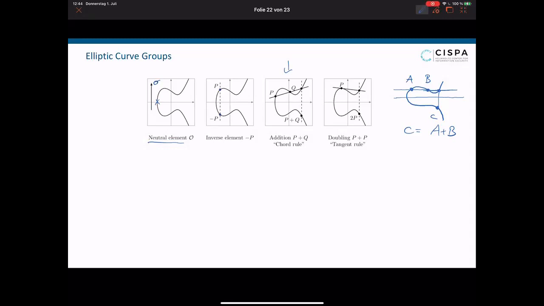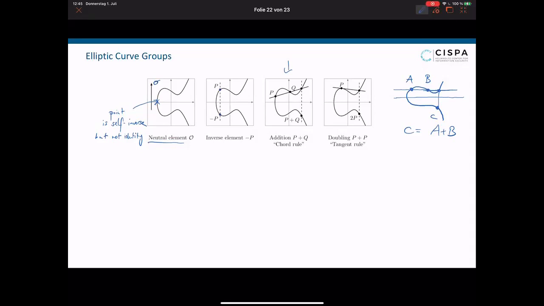So this is a point that is self-inverse, but not the identity, right? Again, the identity, think about it, that's the point at infinity. Good.